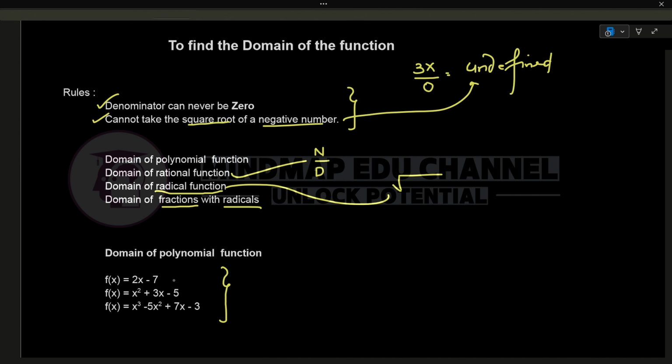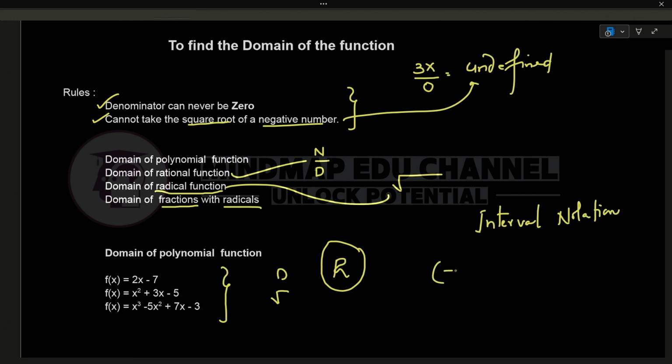No. So, whenever you have a polynomial where you don't have a denominator and you don't have any radical expression, then in that case, the domain will be the set of all real numbers. Simply write R, or in interval notation, the domain will be from minus infinity to infinity.